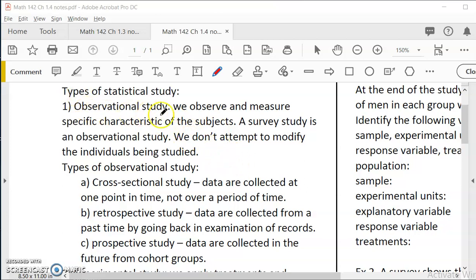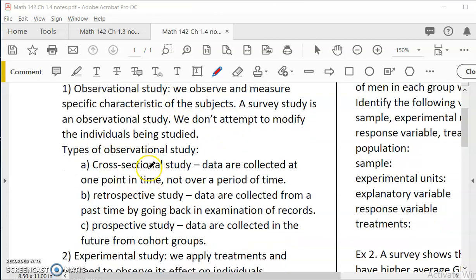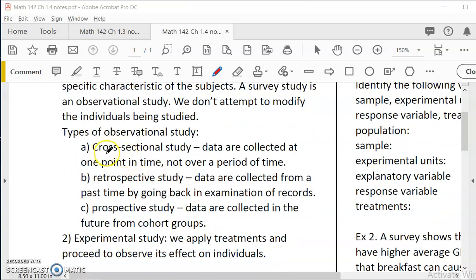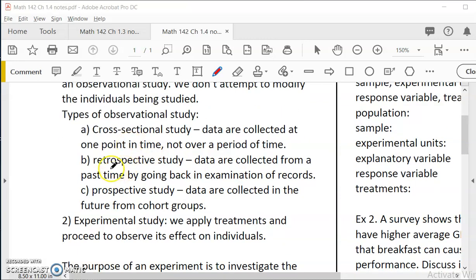Within observational study, there are also three types. One is a cross-sectional study: data are collected at one point in time, not over a period of time. The second is called a retrospective study: data are collected after you select your sample, but you do not interview or survey your sample.